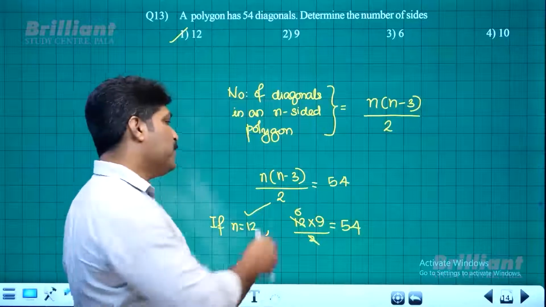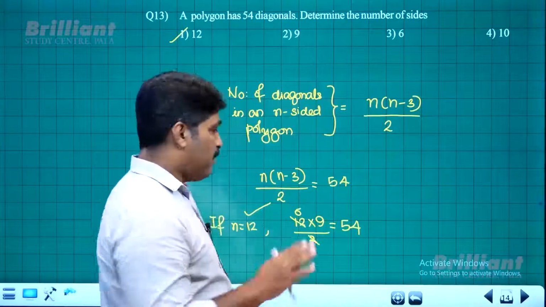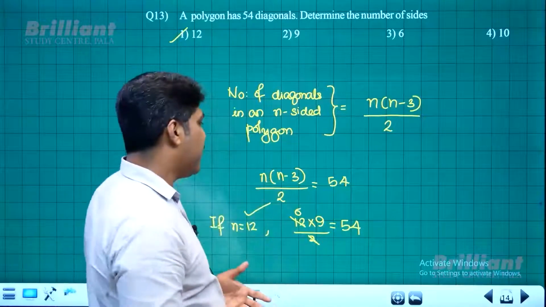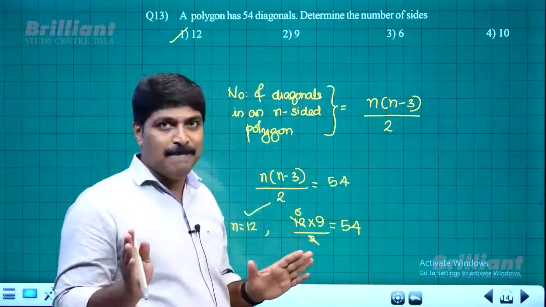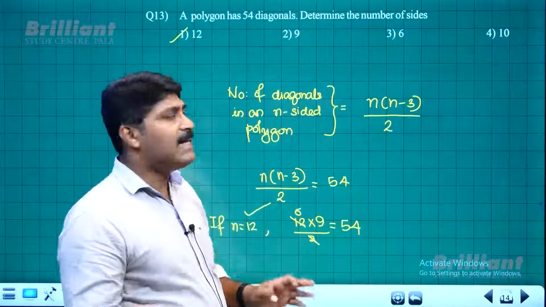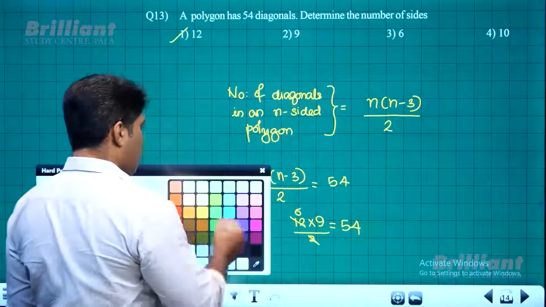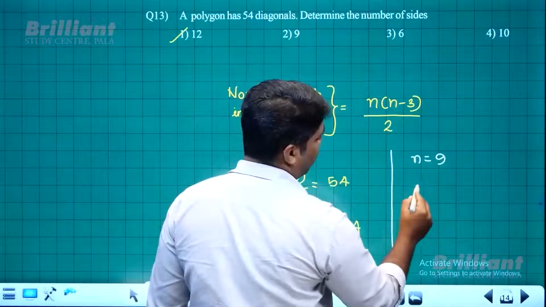Otherwise, you just convert it in the form of a quadratic and then solve it. But you can simply substitute the values from the options at this point of time. Fortunately, here we got the first option itself as the answer. But if you are substituting any of the other options, those are not satisfying. For example, if you are substituting n is equal to 9, what will we get?